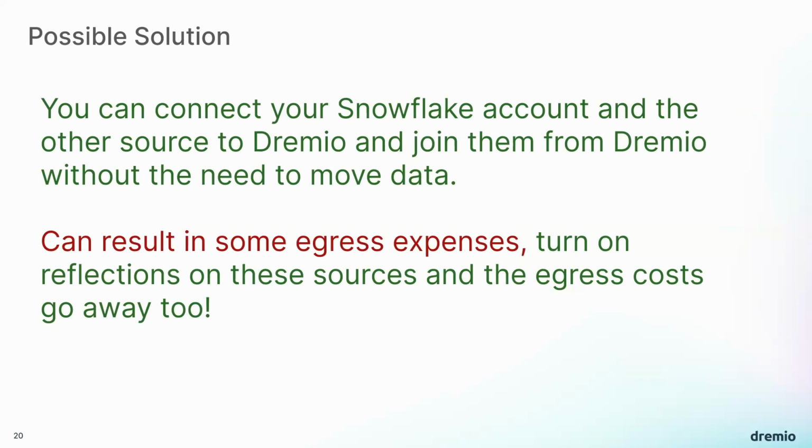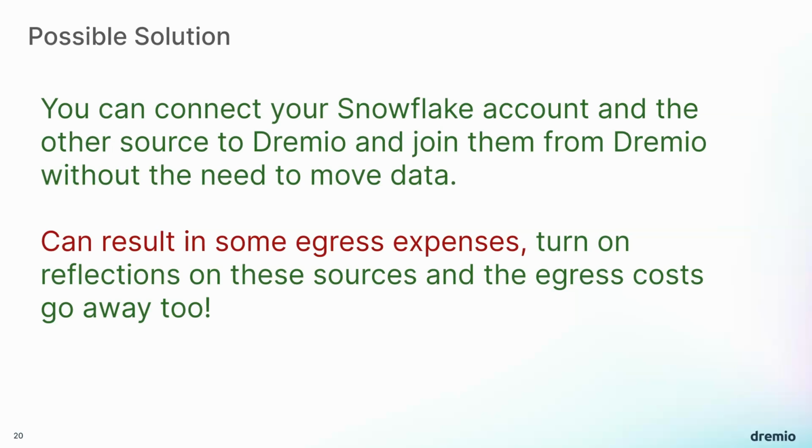Now, here's the thing. If you're connecting multiple clouds, we run into this issue of what's called egress cost, because when you move data out of a cloud, it results in an egress fee. When you move data out of Snowflake, there are egress fees. When you move data out of, let's say, Redshift, out of AWS, there's an egress fee. So how do you minimize that? This is another place where reflections can come in.